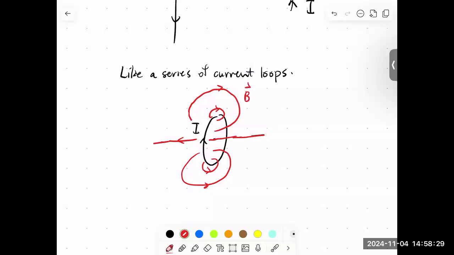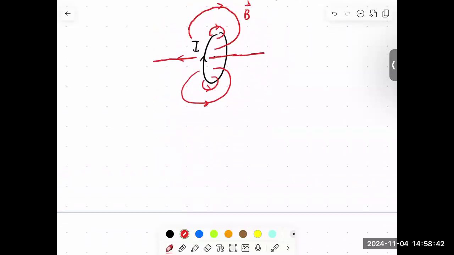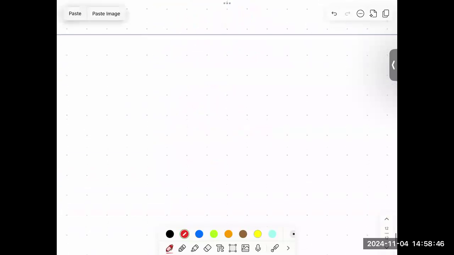So what I want to do is I want to draw a sequence of these current loops, and I want to see how their magnetic fields add up at various points. All right, so let's consider, I'm going to give myself some room. Let's consider a sequence of current loops.